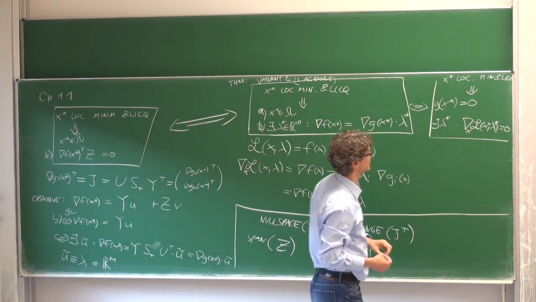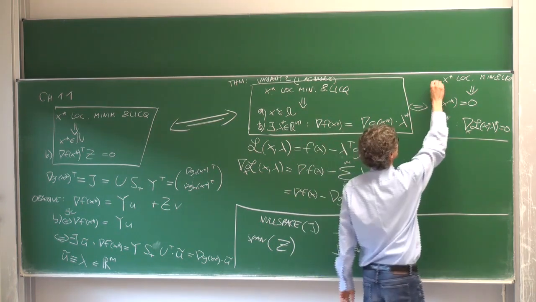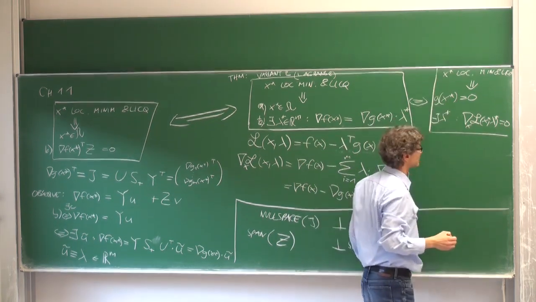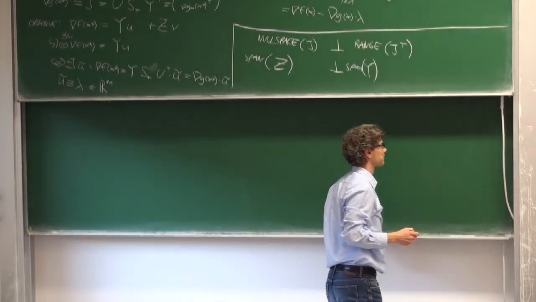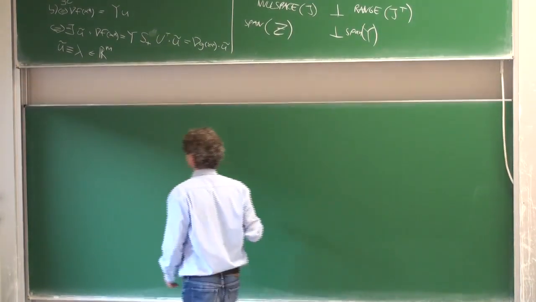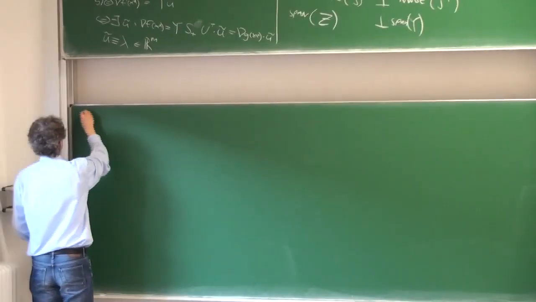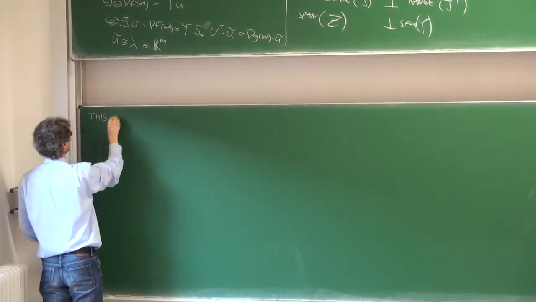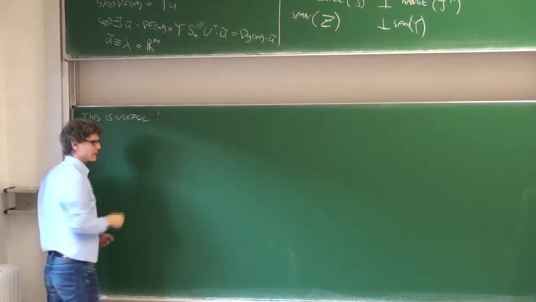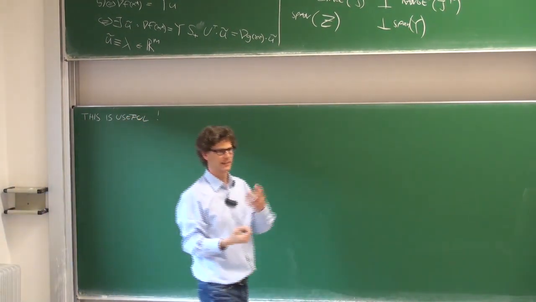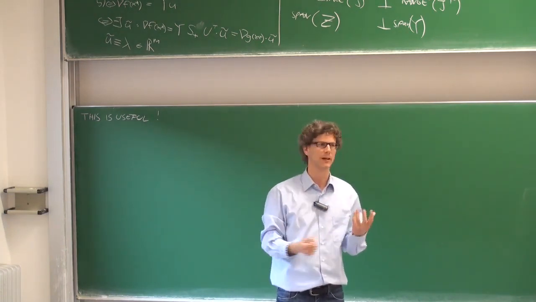So we derived something that is computational, and in order to show that it's computational, I want to go through a little example. So this is useful. And why is it useful? Because you can now use it to find x star and lambda star together by a root finding problem.